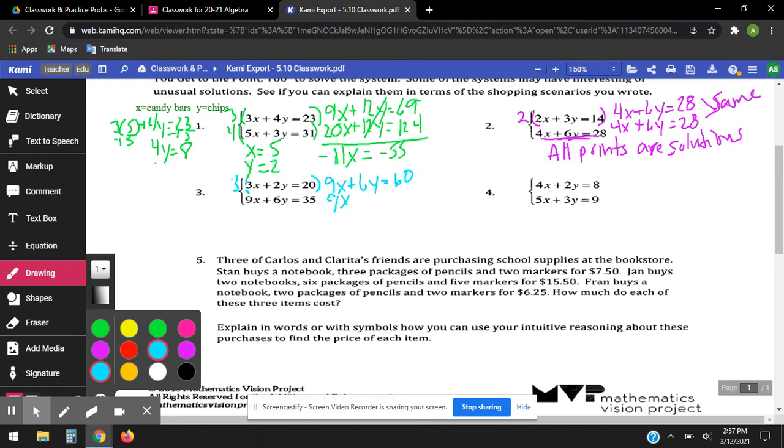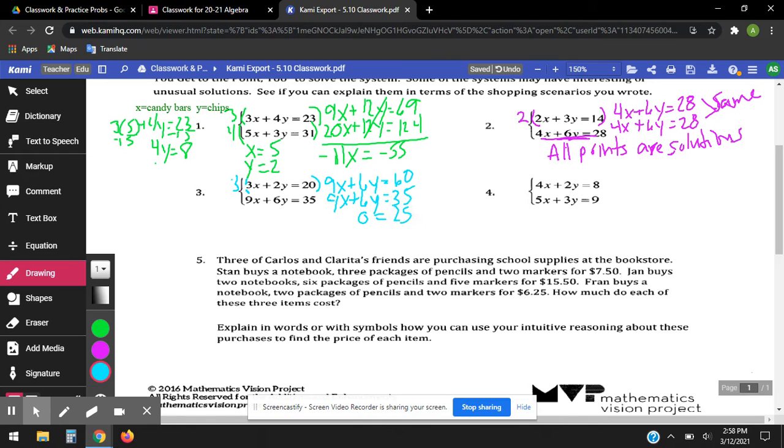Well, if I rewrite my second one, notice how my 9x and 6y would both cancel out, and I would just get 0 equals 25, which is not true. And so, therefore, there would be no solutions.